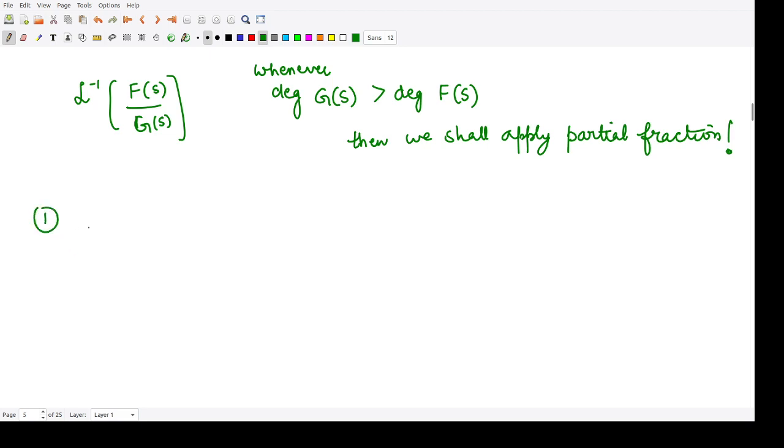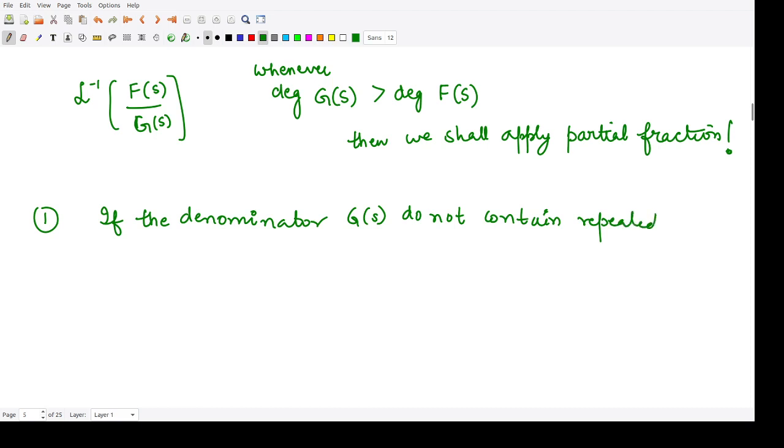The first rule here is, if your denominator, say g of s, does not contain repeated roots or repeated linear factors, in that case, suppose for example you have to calculate the Laplace inverse of 1 divided by s plus 3, s plus 4 and s plus 5.